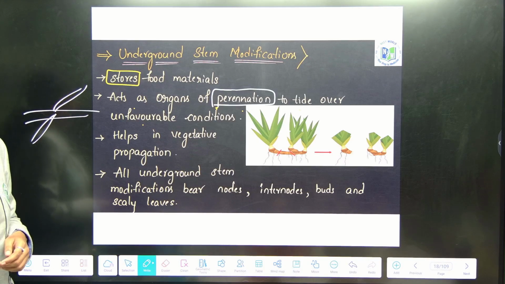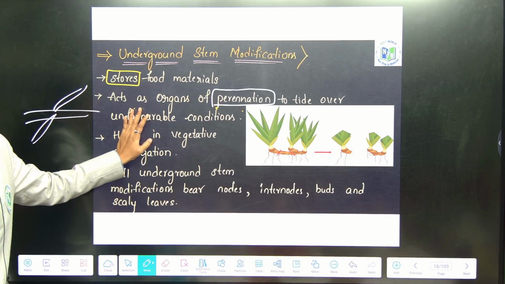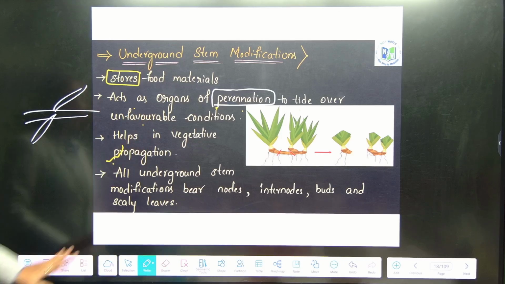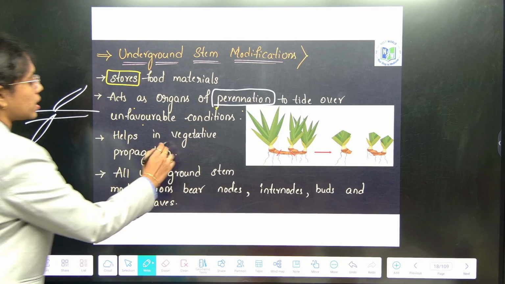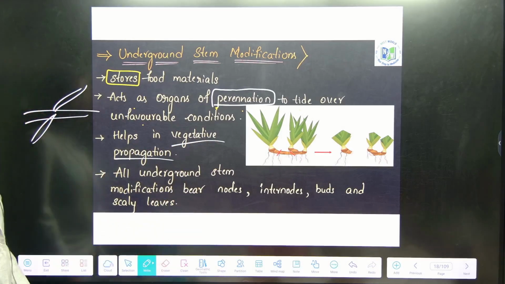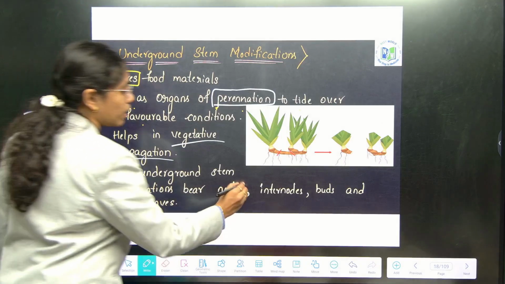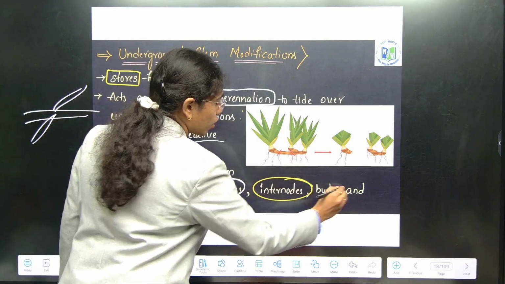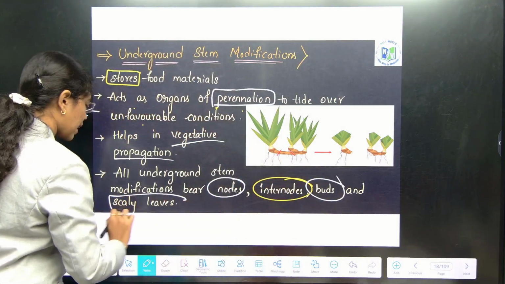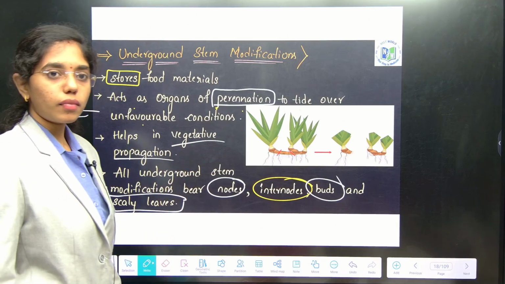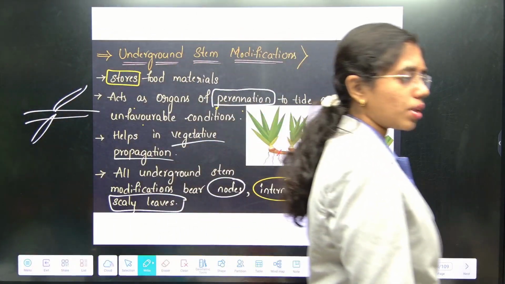Vegetative propagation. Understood everybody? Any doubts? All underground stem modifications will bear nodes, internodes, buds and scaly leaves. All underground stems will be bearing them.